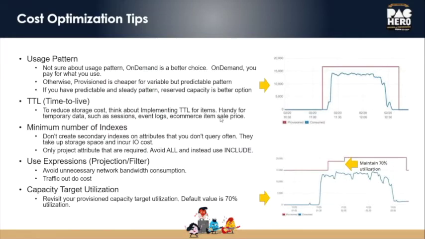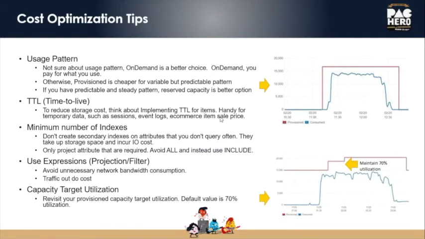However, if you have a predictable pattern but it's variable, like in our case, we have ETL jobs that run in production at a specific time of day, and then we've got our normal traffic. So it's a bit variable, but we know when we will be running ETL. We do the provisioning, so we use provisioned capacity. That saves us quite a bit of cost.